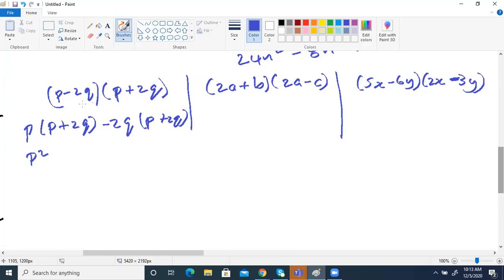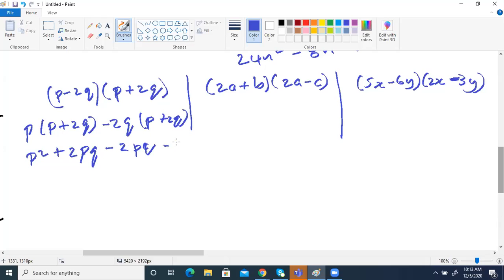So later on you'll learn about difference of two squares, but we just work it out like we never know anything about it. So we go again, this is 2pq or 2qp, doesn't really matter. Minus, and then this is minus 2pq to match with that.